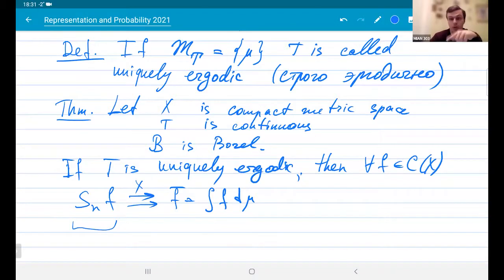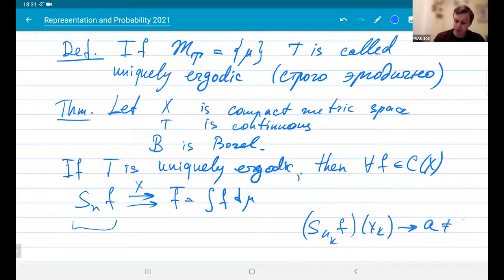You choose some sequence of points xk and some sequence of times nk going to infinity, such that S_nk of f of xk converges to some number a, which is not the average of f.